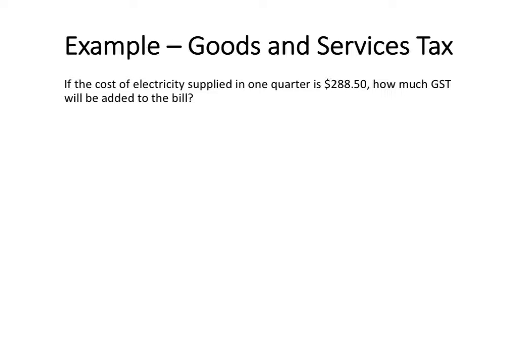So to answer the question, I would start off by writing down a formula. So GST amount is going to equal sale price times 0.1.